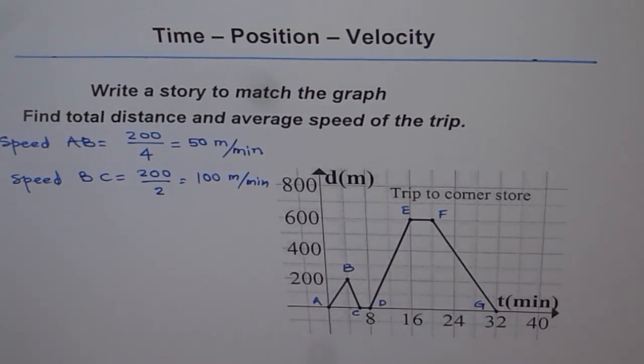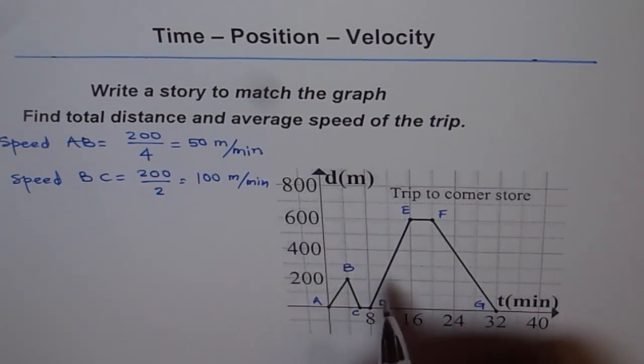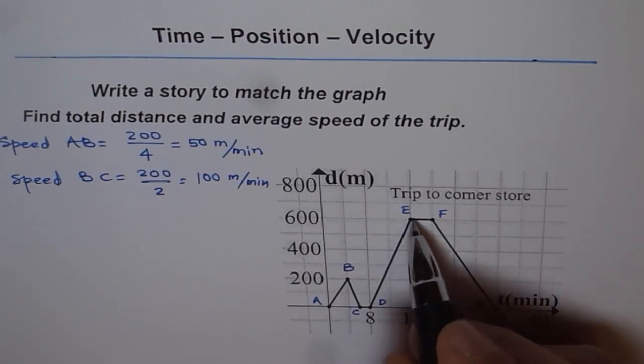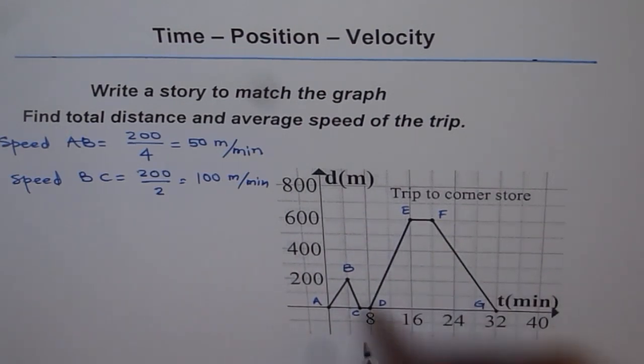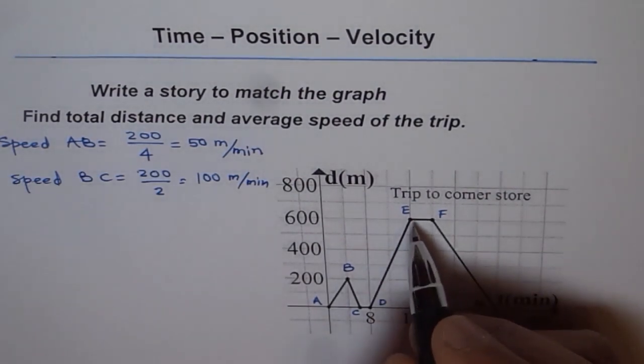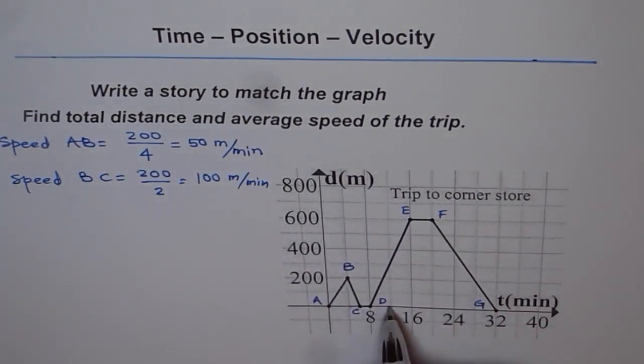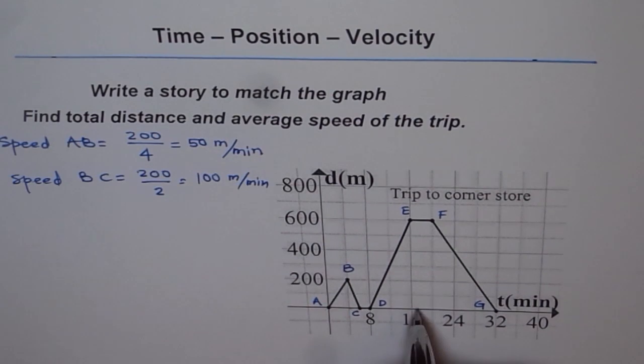Now from C to D, the speed is 0. That means he collects the money in 2 minutes, right? And then he walks towards the corner store, and goes straight to the store. And D to E is a distance of 600 meters, which is covered in 4 and 4, 8 minutes, right?